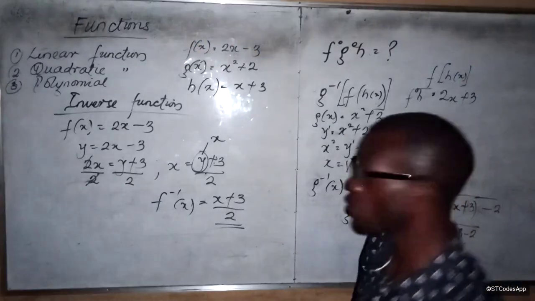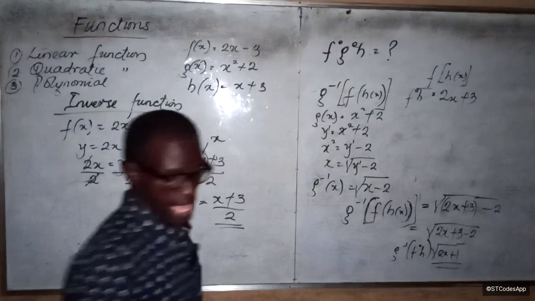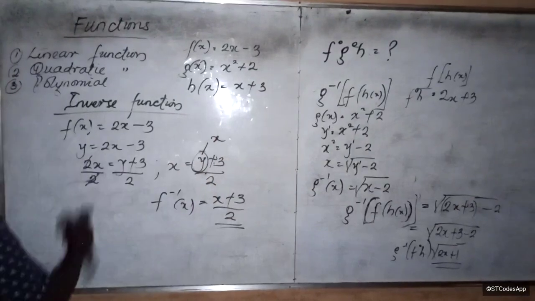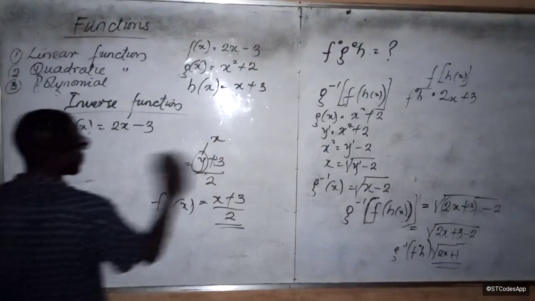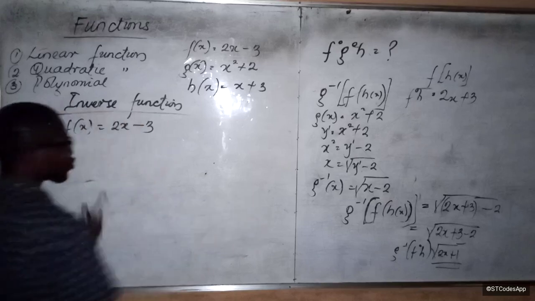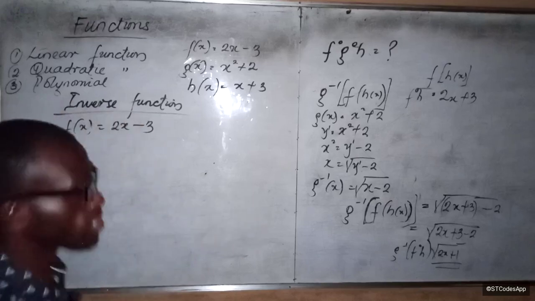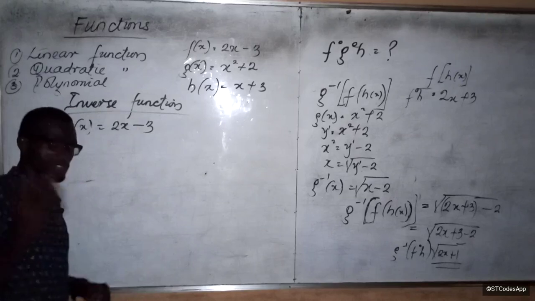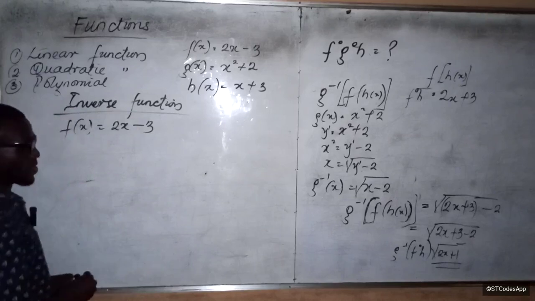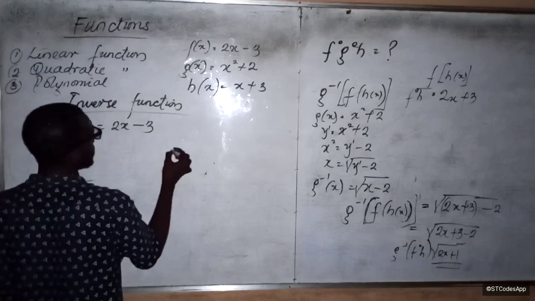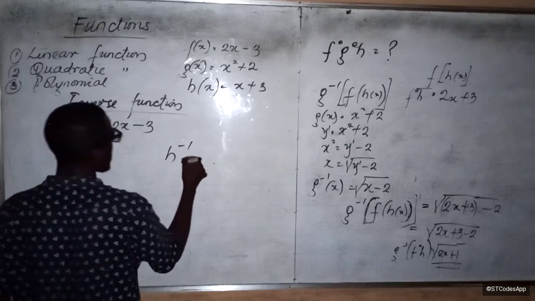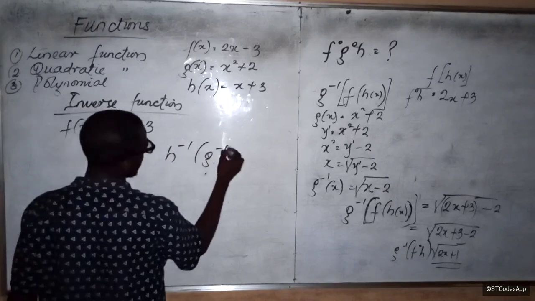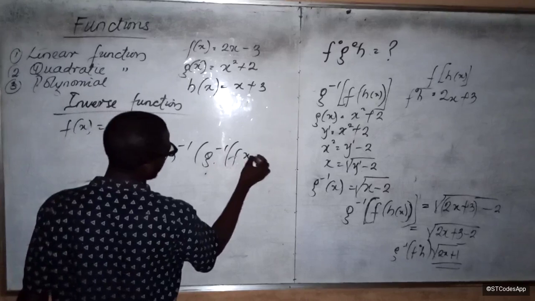And that will bring us to the end of the video. But before we go, in order to ensure that you've understood the concept, I would like you to solve these two also. All right, so find for me h inverse of g inverse of f of x.